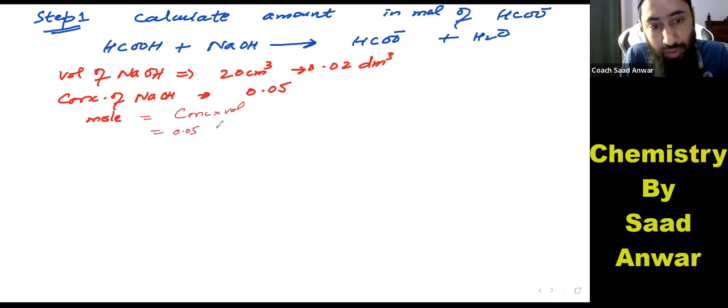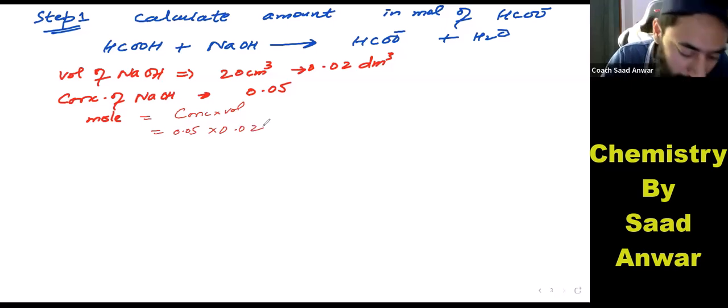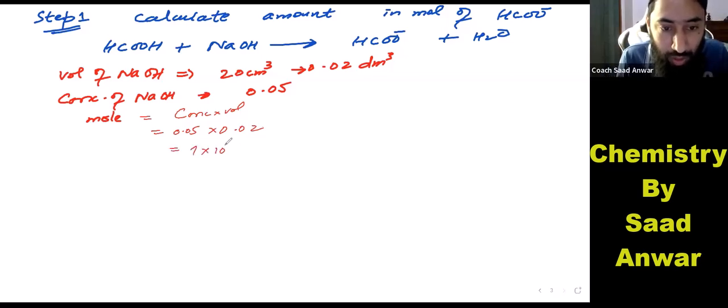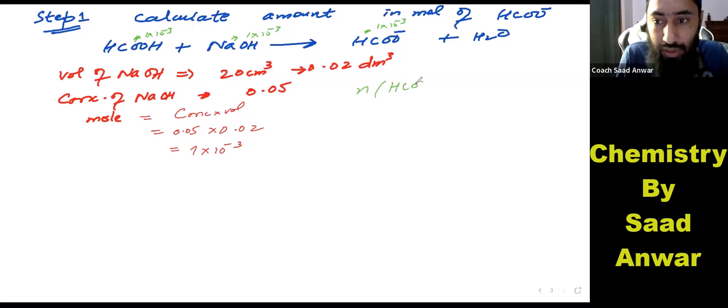Concentration is 0.05, volume is 0.02. 0.05 times 0.02, I am getting 1 into 10 raised to power minus 3. This is the mole. So if the mole of alkali is 1 into 10 raised to power minus 3, I can say the mole of salt is also 1 into 10 raised to power minus 3.